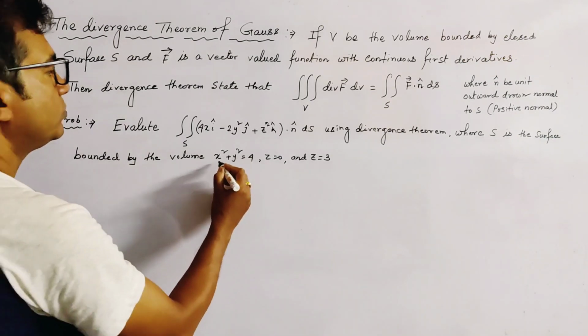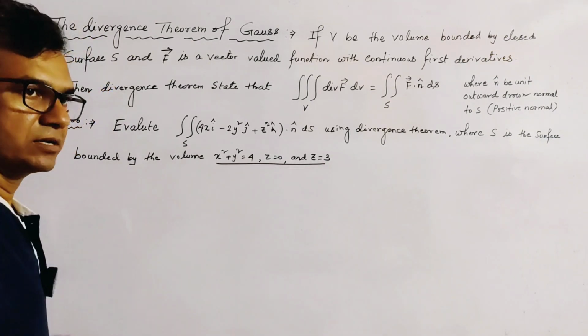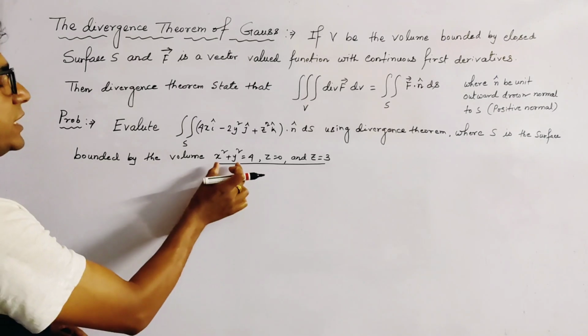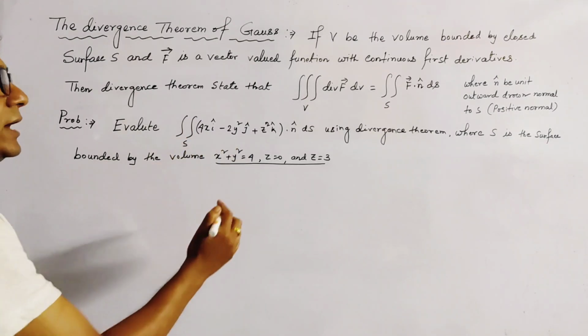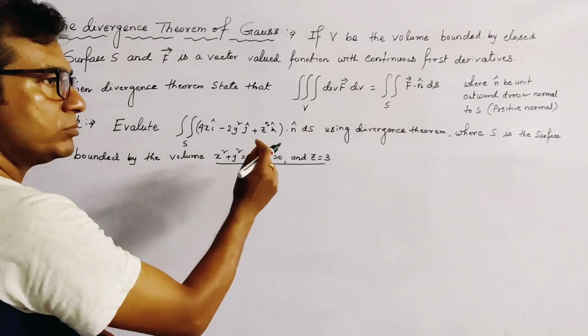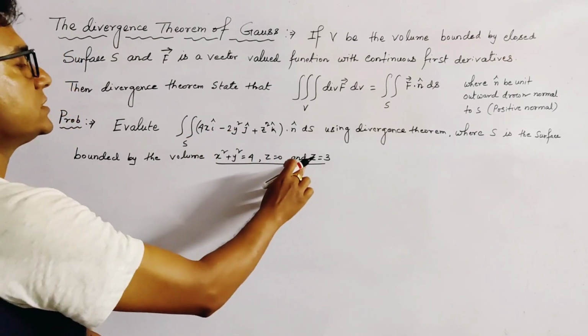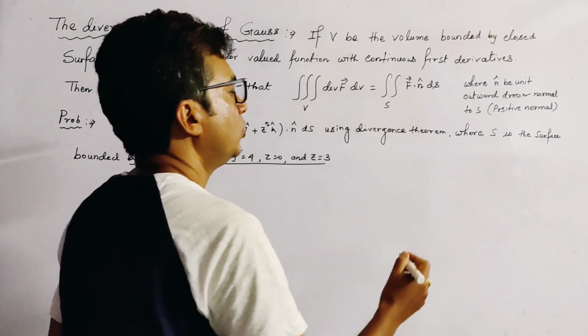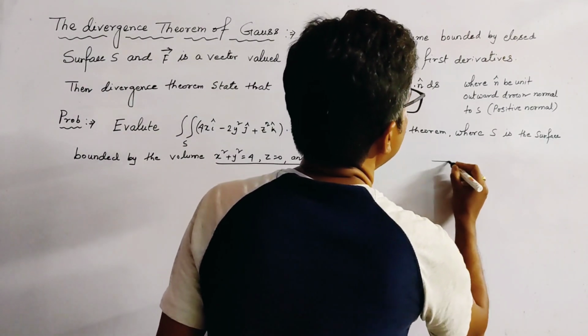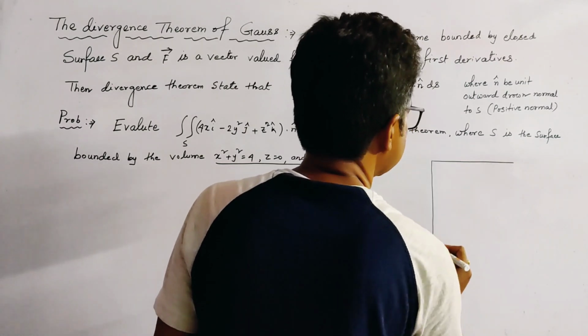Clearly this volume is a cylinder, whose base is the circle x square plus y square equal to 4, from z equal to 0, that is the xy plane, to z equal to 3, parallel to the xy plane. The volume looks like a cylinder.